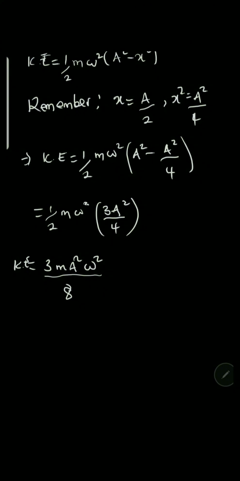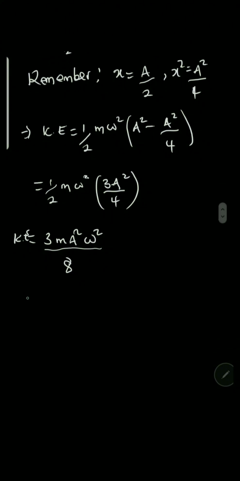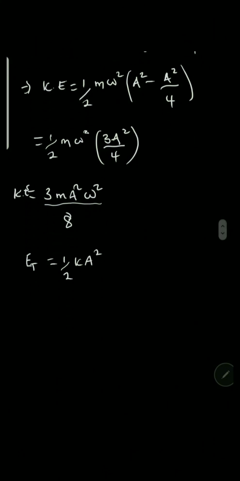Now we need to find the total energy. So total energy is simply given as half k a squared. Now recall that angular frequency is the same as the root of k over m, which means that if we square this, we'll have to square the other side because we want to make k the subject.